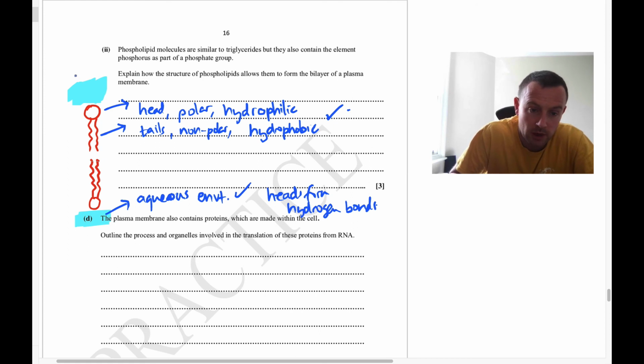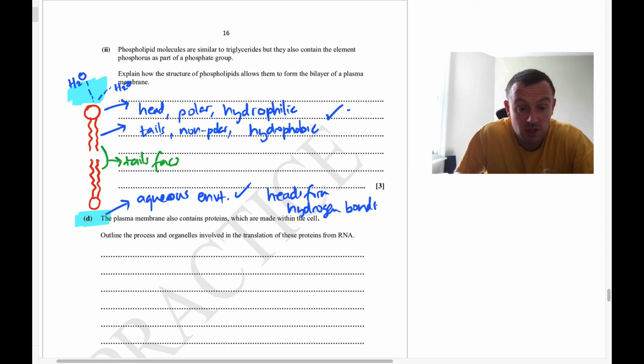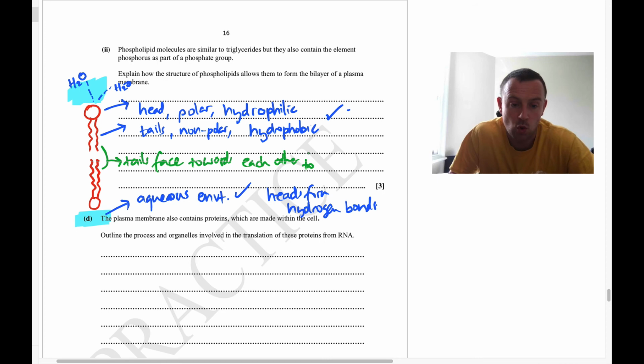So we could even put in a little H2O and draw some hydrogen bonds there. And then in the middle here, we've got the tails face towards each other, to orientate themselves away from water, and there's hydrophobic interactions there.